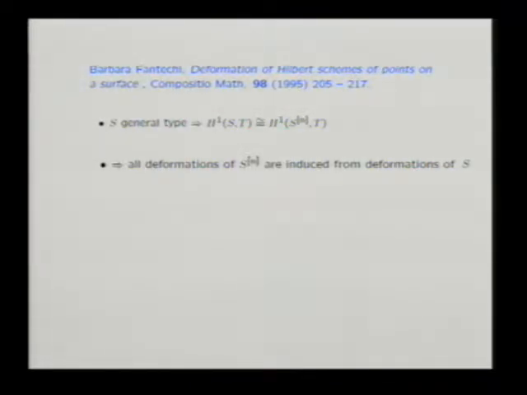So when I said that any deformation of the complex structure of the surface yields a deformation of the Hilbert scheme, that means that there's a natural vector space homomorphism from this vector space to this vector space. And what she proved was that this was an isomorphism. So since we know that any deformation here gives me a tangent vector in here, and it gives me something over here, what she effectively proved was that all small deformations of the Hilbert scheme are induced from deformations of S. So that's a nice situation.